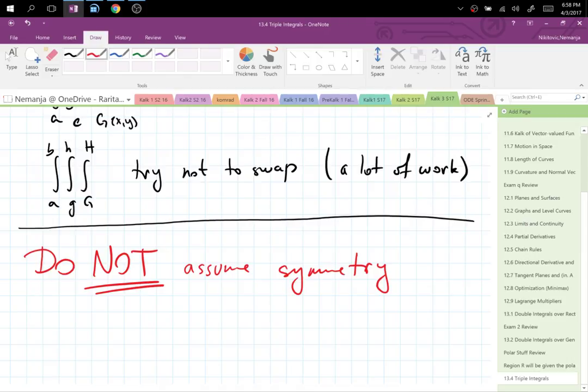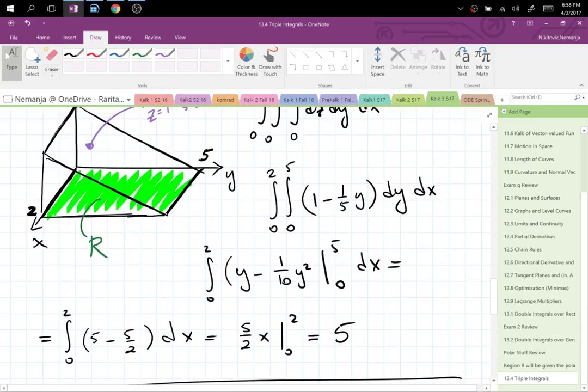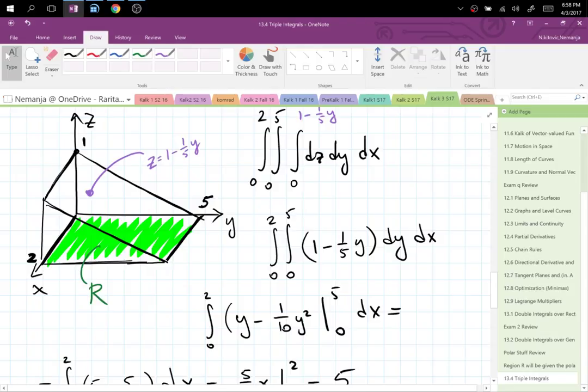It works beautifully in Calc 1 because you're on a one-dimensional input, so you're worrying about the symmetry of the function. Over here, the symmetry is captured in the shape. Your umbrella is radially symmetric. It's awesome. The wedge that we did is not symmetric at all.